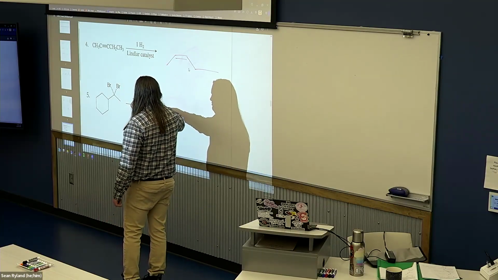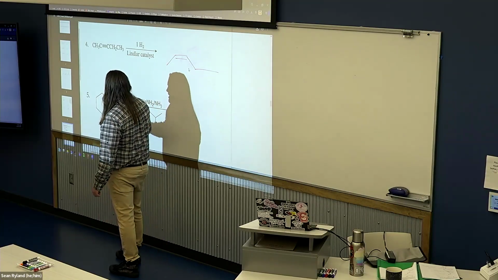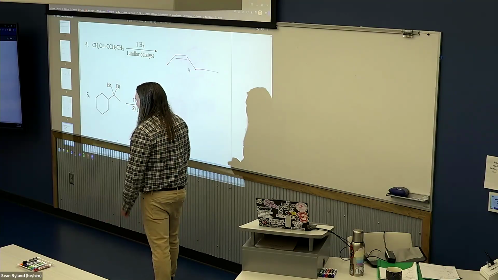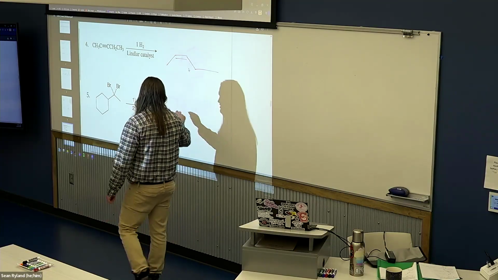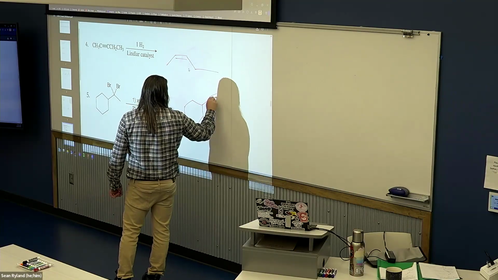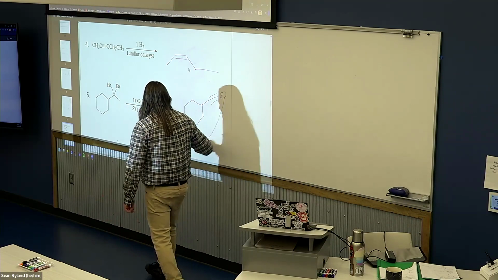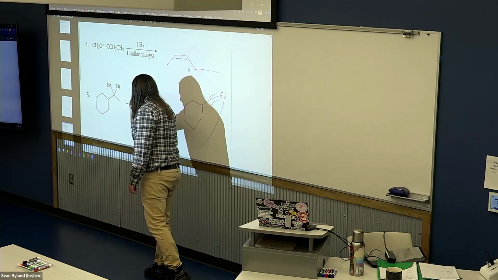Excess NaNH2. So we're going to make the alkyne with a double elimination and then deprotonate the terminal alkyne. The intermediate looks like this, which is then going to come in and attack here.